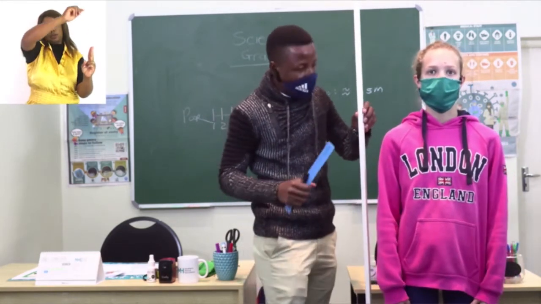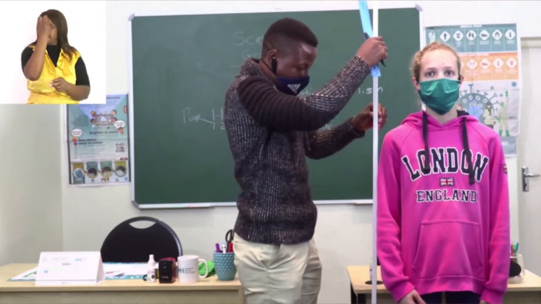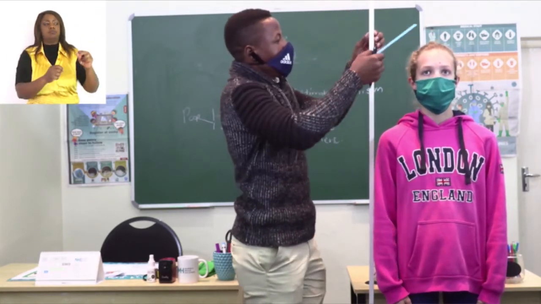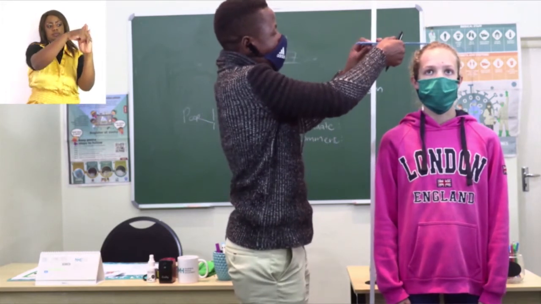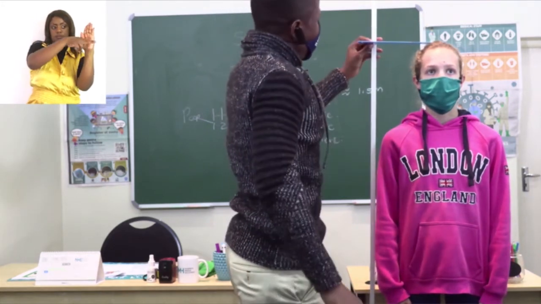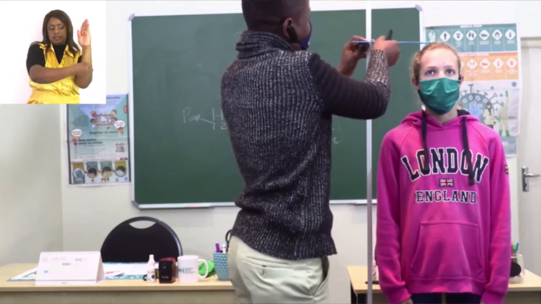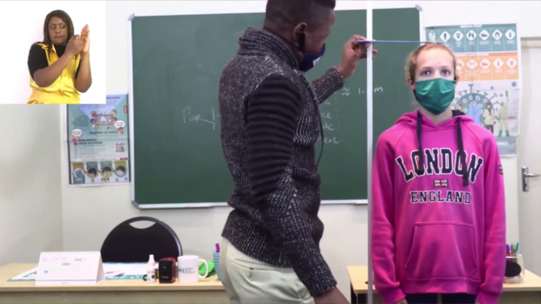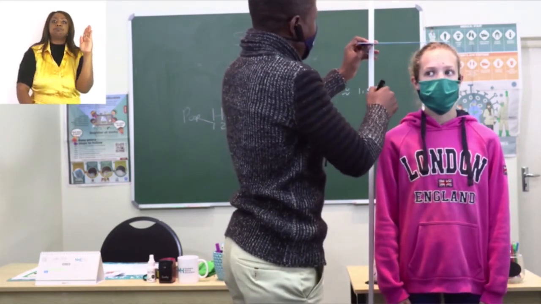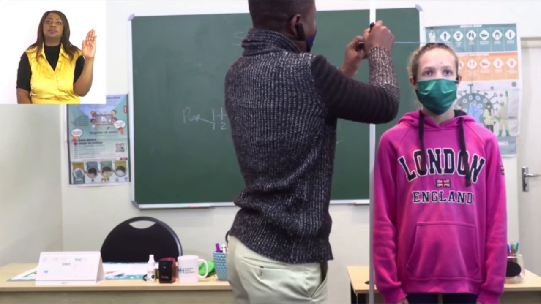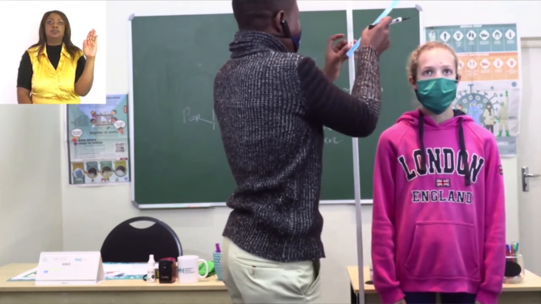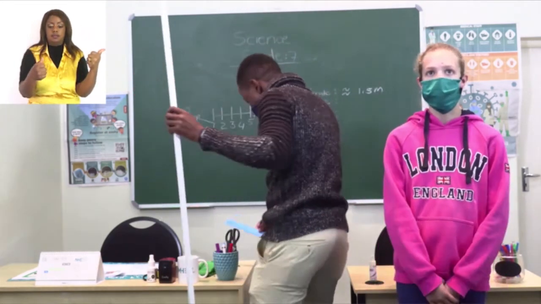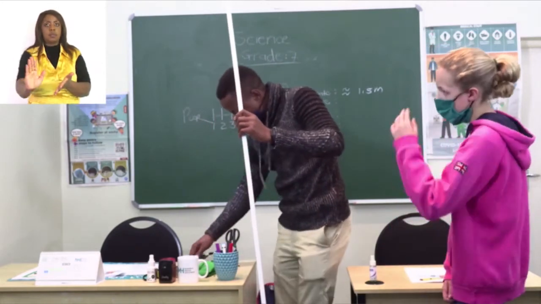Just stand straight and look forward. Then I have to put this straight, and this also straight. And I have to look if it's straight, and I see it's straight here, so I'll mark it here. Now I've made a marking on this straight object.